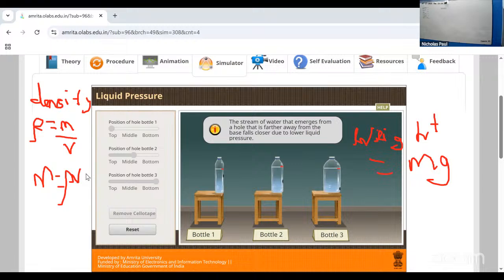In short, what I'm trying to show you here is that pressure is dependent on weight, which is mass times gravity, or density times volume times gravity. And there is one more thing it depends on, but you're not going to see it here.